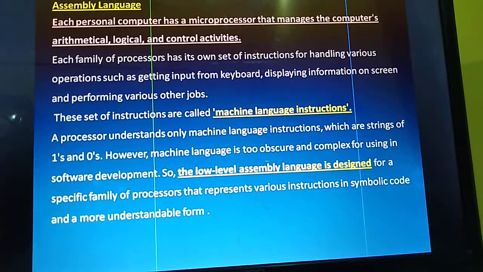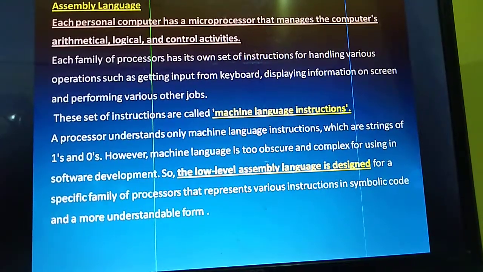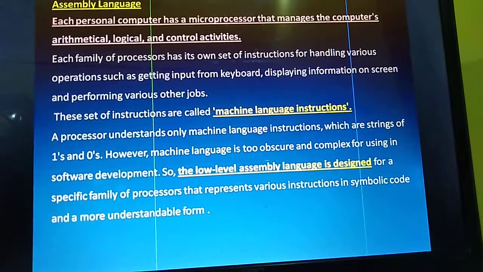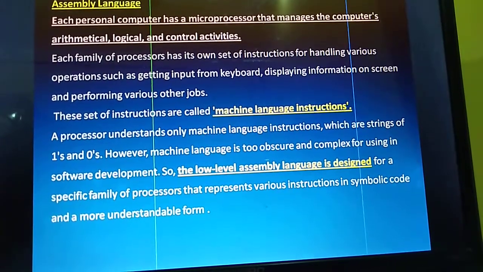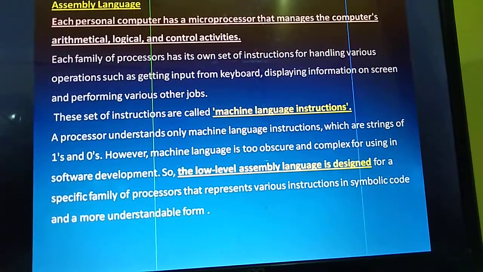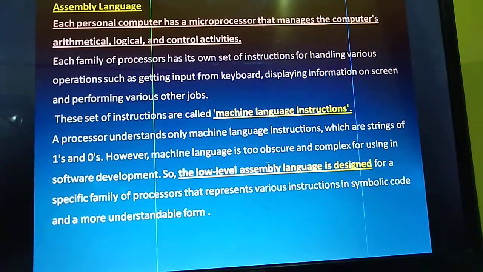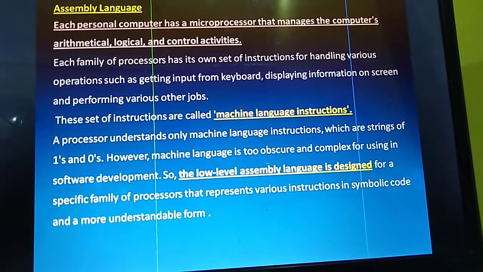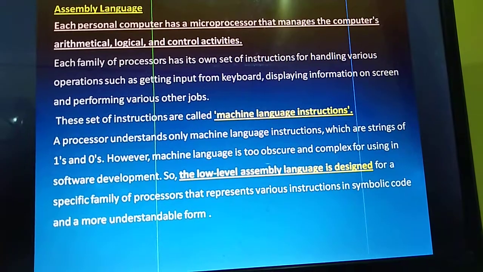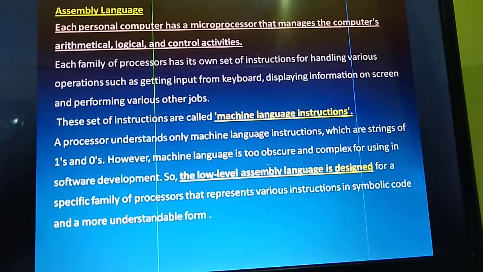However, machine language is too obscure and complex for use in software development. If somebody tries to follow machine language instructions to develop a program, it is difficult and even very time consuming. So another type of low level language is designed, and that is known as assembly language.